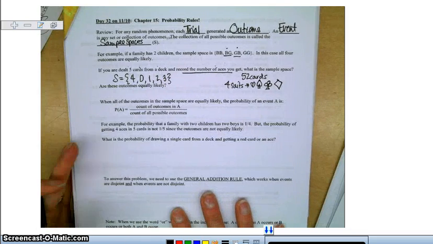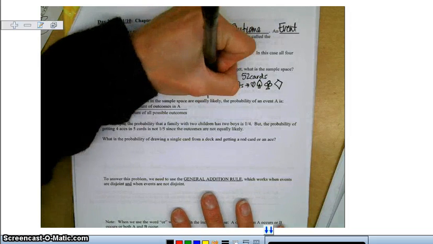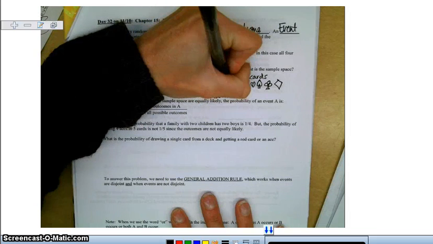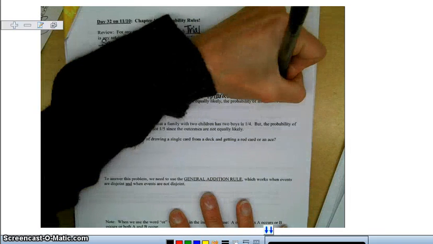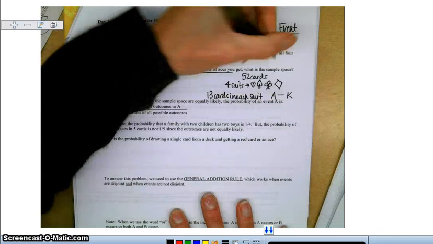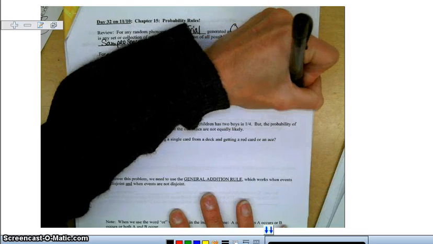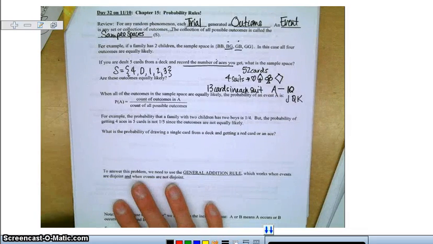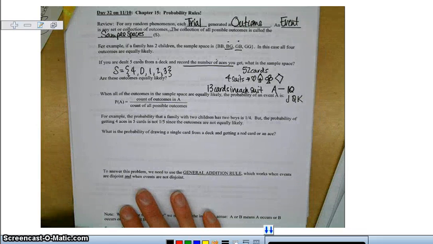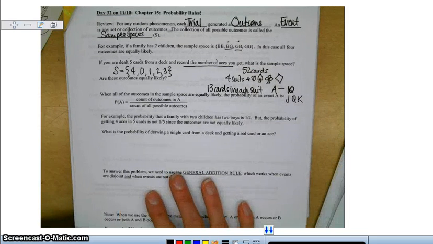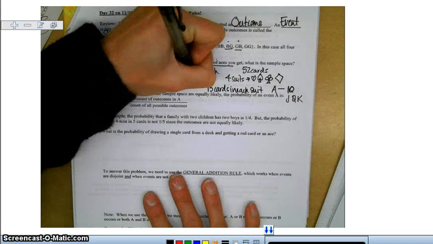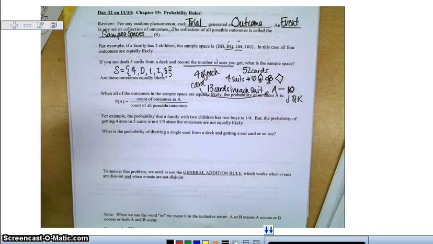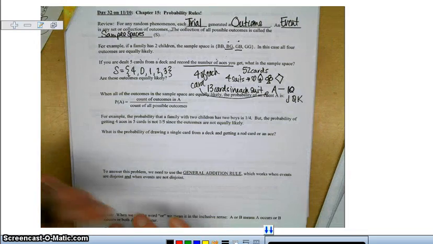There are 13 cards in each suit, and the cards go from ace up to king, so ace through 10 and then jack, queen, king. Depending on the card game, ace can be the high card or the low card. So there are 4 of each card: 4 aces, 4 tens, 4 jacks, 4 queens, 1 of each suit.